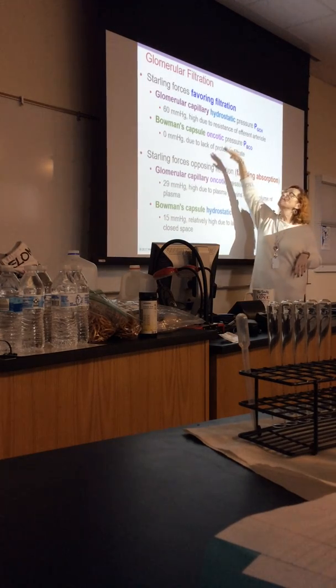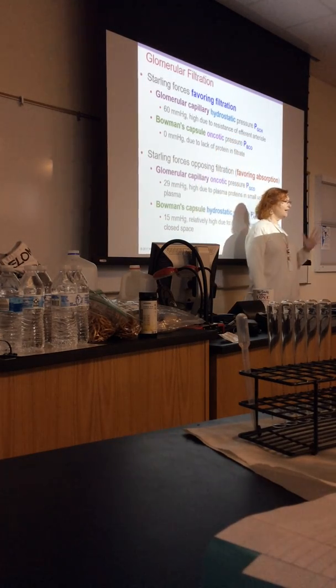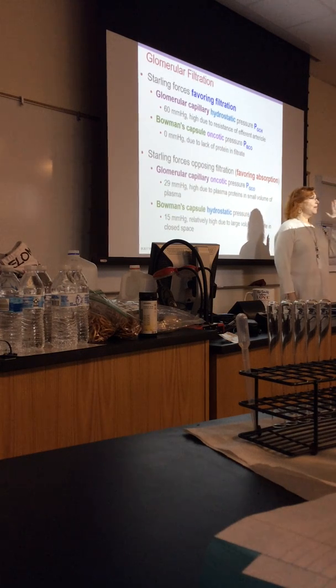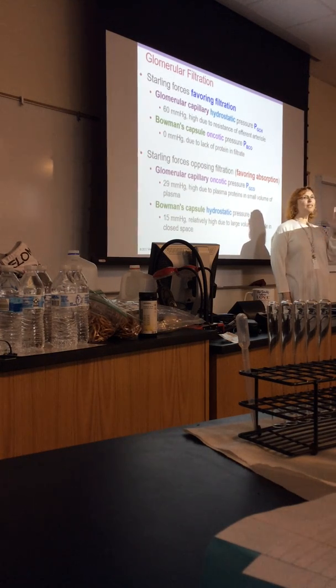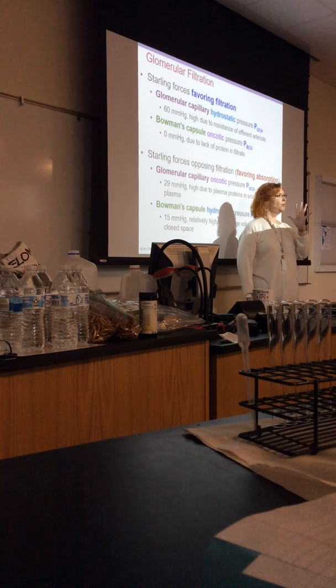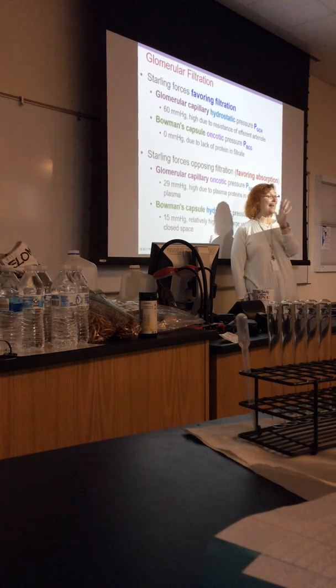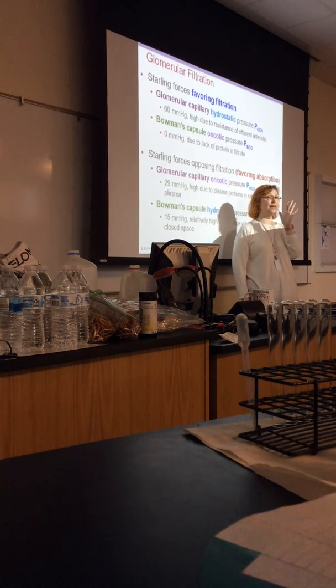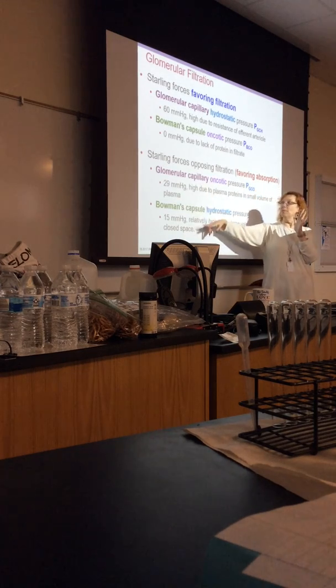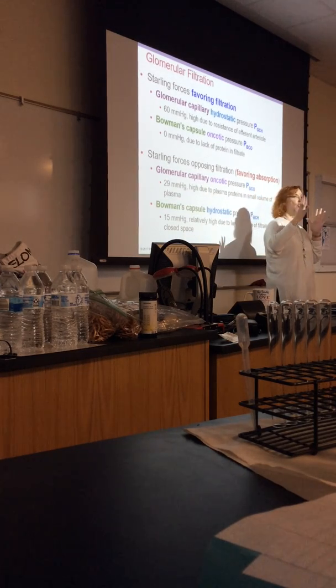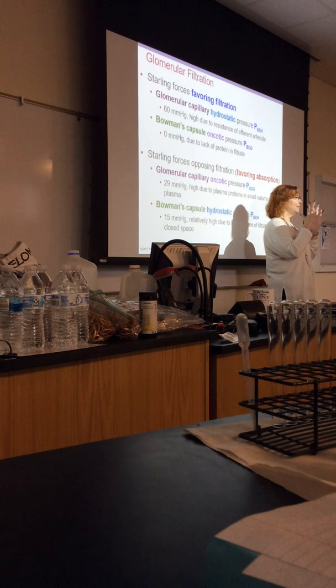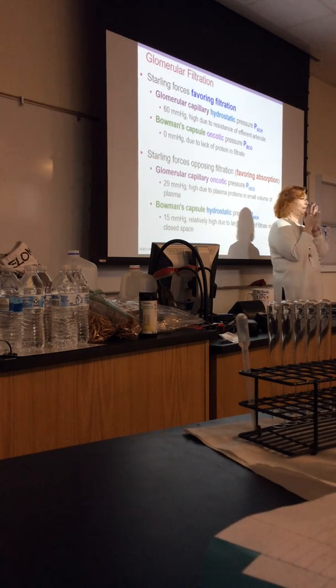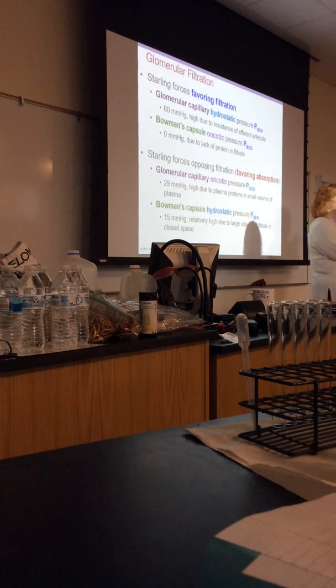So, glomerular capillary hydrostatic is always going to be based on how much fluid is in the capillary, it's going to try and push fluid out against the wall of the vessel. Bowman's capsule hydrostatic is due to the pressure of fluid in the Bowman's capsule. It's going to push this way against that capillary wall.